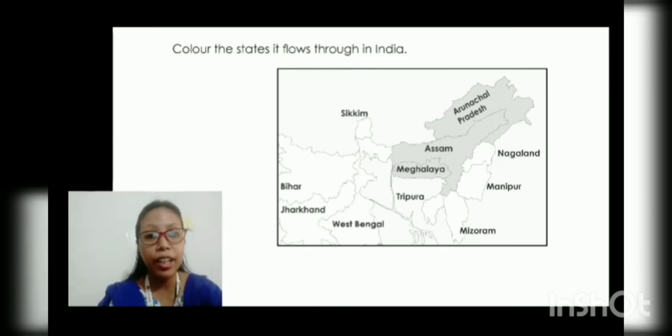Map is compulsory in your term 1 exam. I have already told you in the live class and I am repeating it in the recorded class: make sure you have the outline map of India and the world map ready with you. Otherwise, you will find it difficult during the exam.